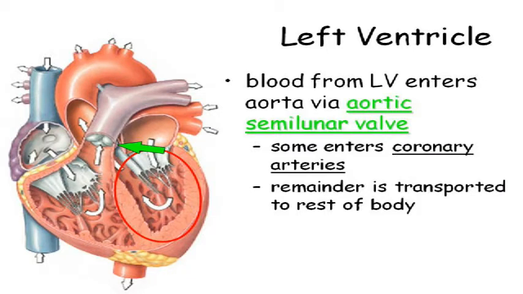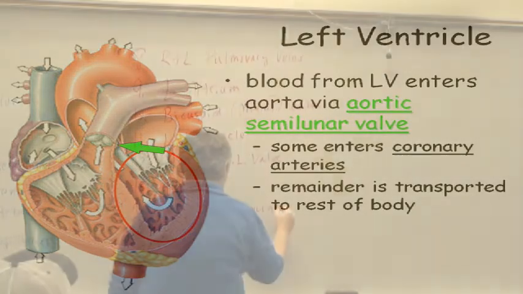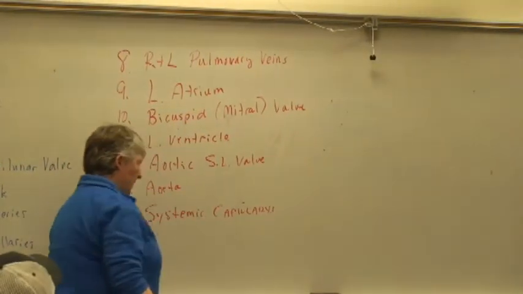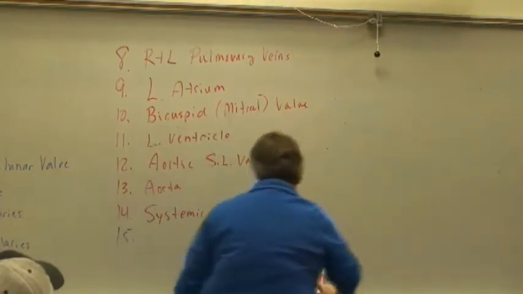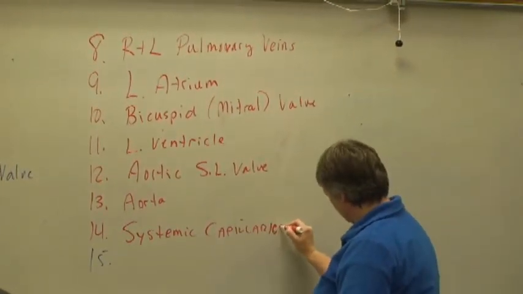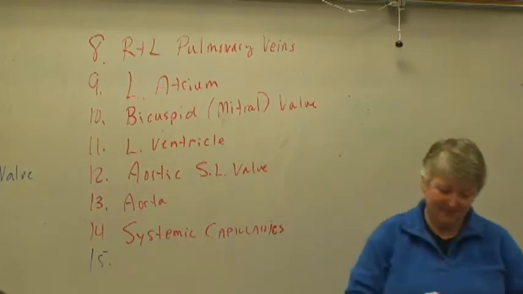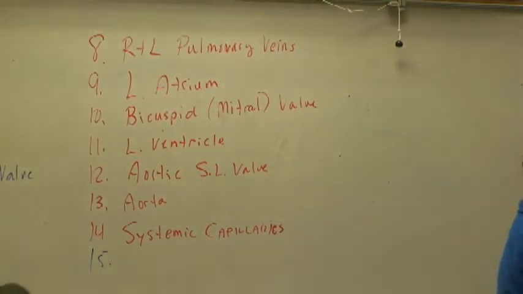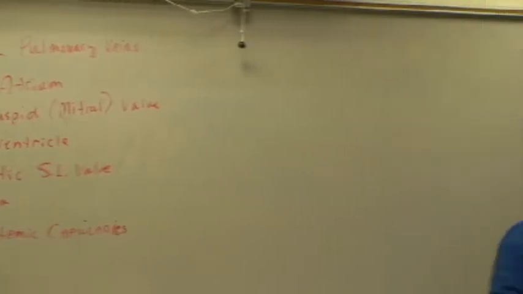So eventually the aorta divides into arteries, arteries divide into arterioles, and the blood goes into the systemic capillaries, at which point it drops off the oxygen and picks up the carbon dioxide.